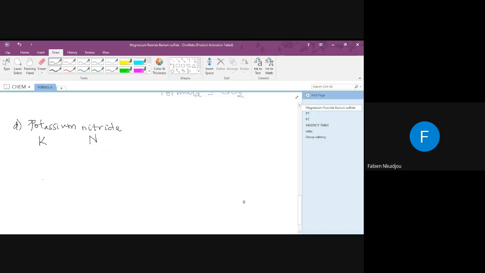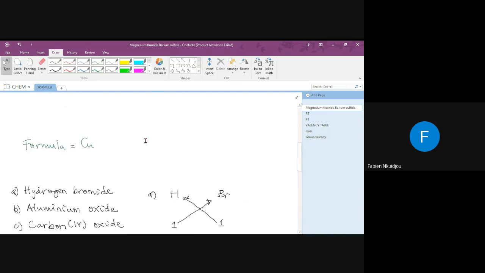So potassium has a valency of 1, nitrogen has a valency of 3. Is it possible to simplify? Nope. So we interchange simply. So the formula, therefore, is K3N. Take note, in each case, I represent the number as a subscript. So that is the chemical formula of potassium nitride.